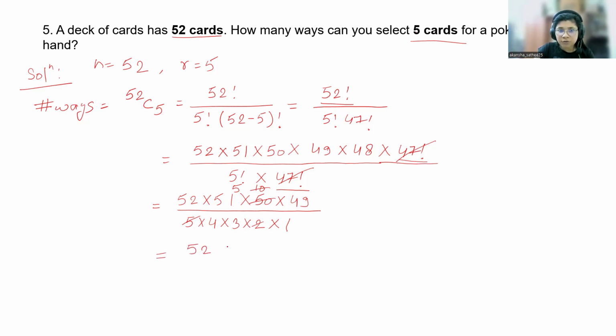So you will be left with 52 into 51 into 5 into 49 divided by 4 into 3. And 3 you can cancel with this 51 and get 17. So this you can calculate, you will have the answer. So that many ways you can select 5 cards out of 52 cards.